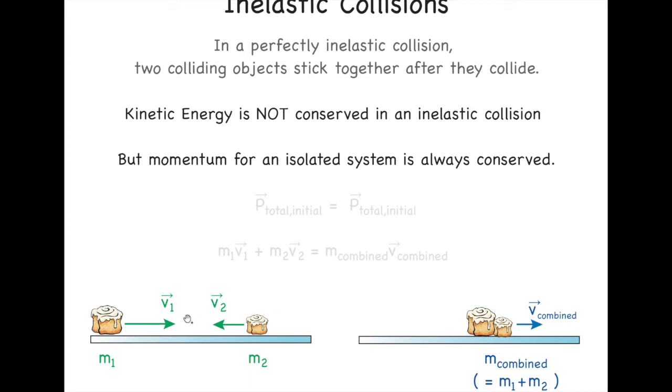There's no hockey stick coming in here, knocking one into the other, or a baseball bat, or some hand pushing. There's nothing else that changes anything about the system, except possibly the floor. But we're going to assume that to be frictionless, and so it applies no force. So the two sticky buns by themselves constitute an isolated system, and so momentum of the two sticky buns together must be conserved.